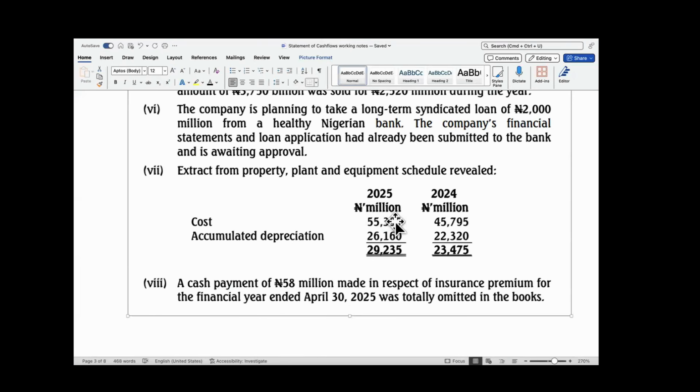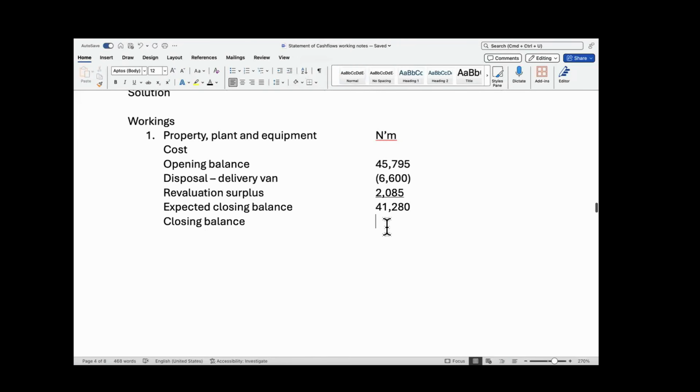The costs at 2005. So there is an increase in PPE, which will represent an acquisition of PPE. Because for your PPE to increase, it means you bought additional assets. And this we are going to treat as a statement of cash flow item.